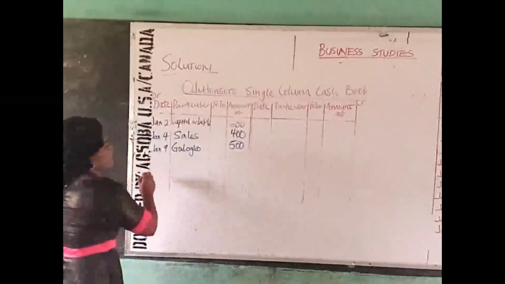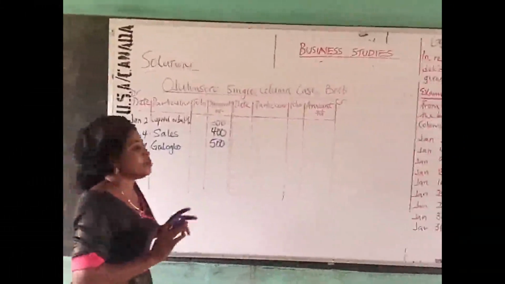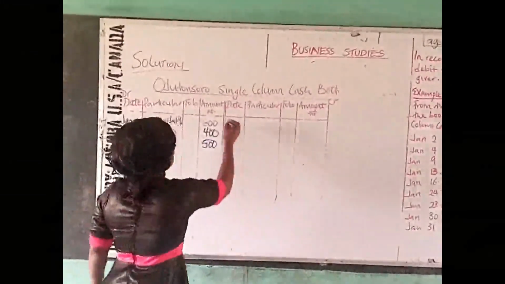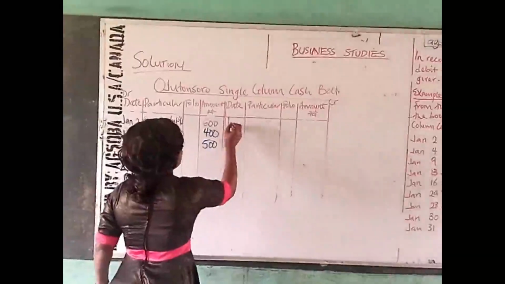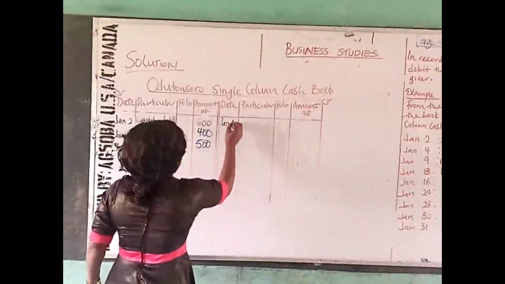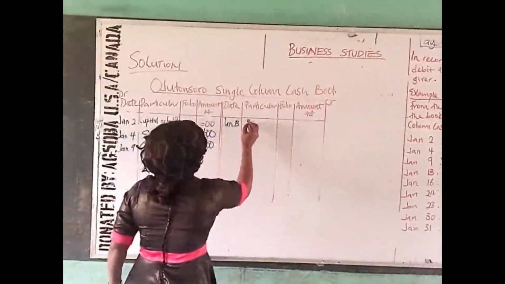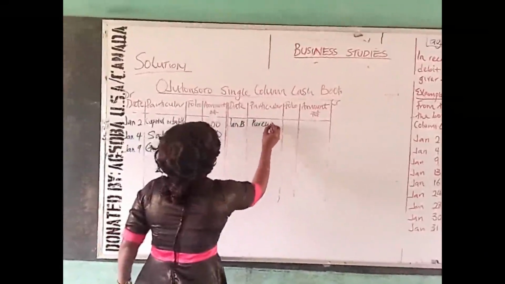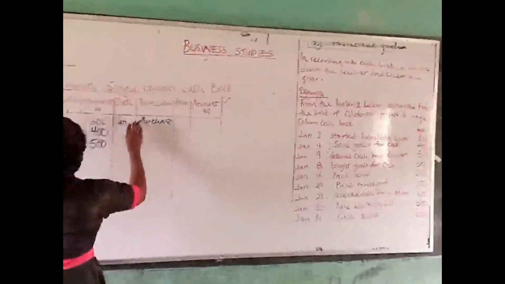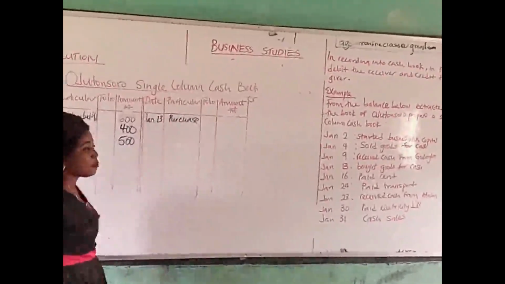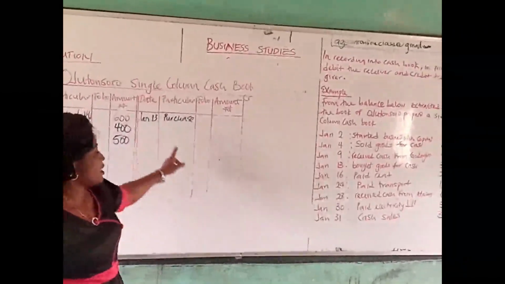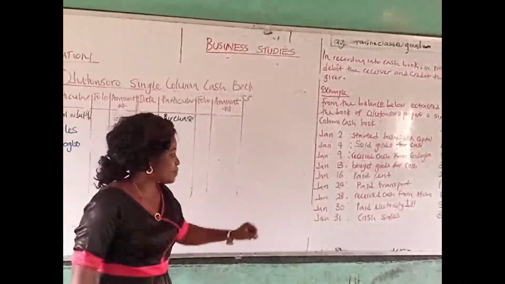January 13. You bought means you pay the money out. Then you move it to your credit side. You change it to purchase. I hope you are following me and that explanation is clear to you. I repeat myself again.